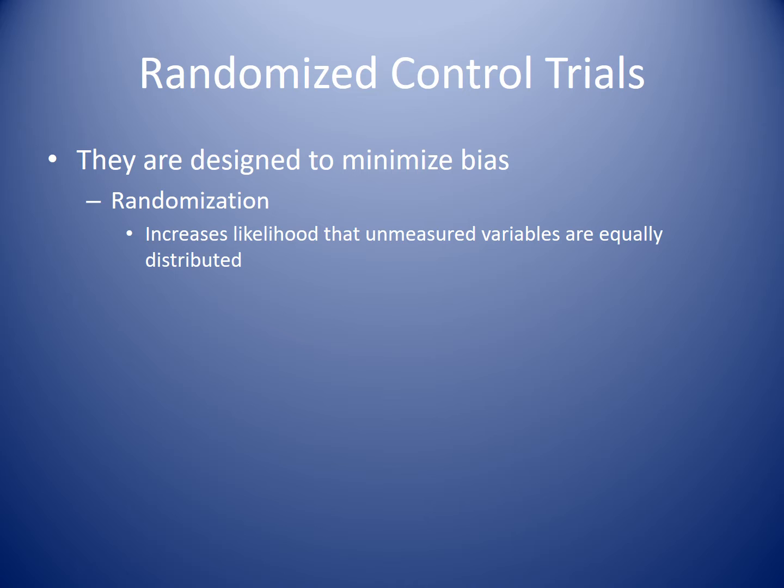The randomization is done to increase the likelihood that all other variables, maybe their height and their weight, or their fruit and vegetable consumption, are balanced. If you randomly assign the 100 people to the two groups, then there's an increased likelihood that half the people who eat lots of fruits and vegetables are in one group and the other half are in the other group. You don't have to try to account for all of that.